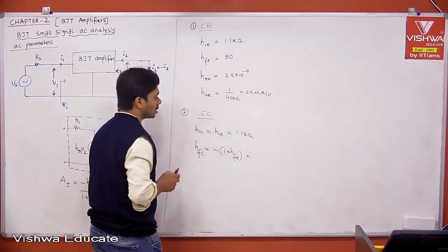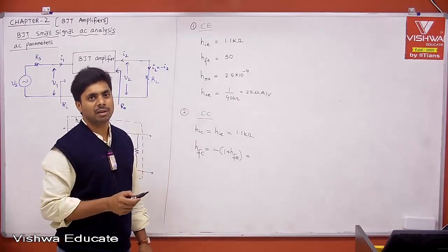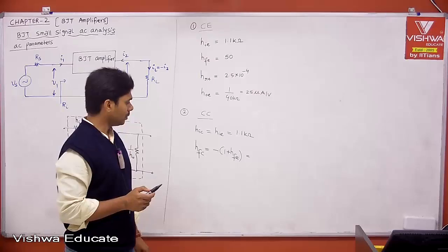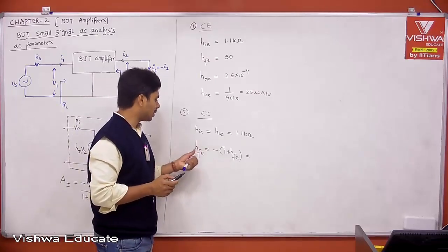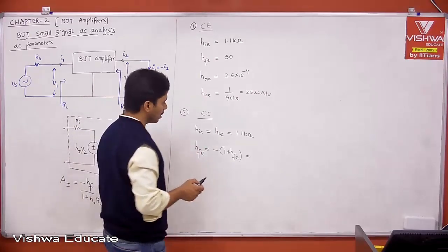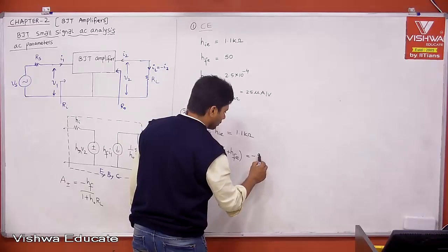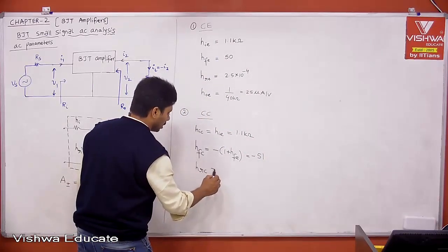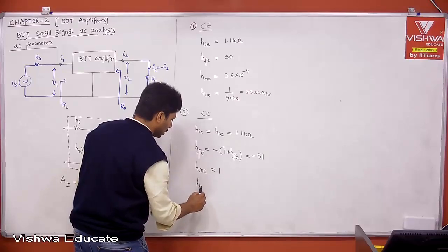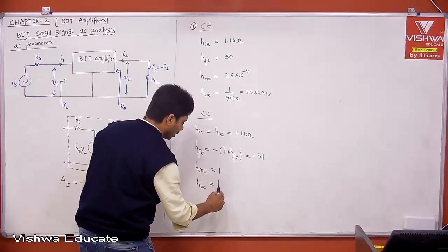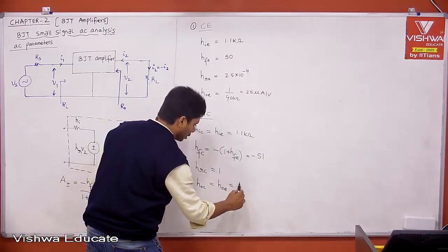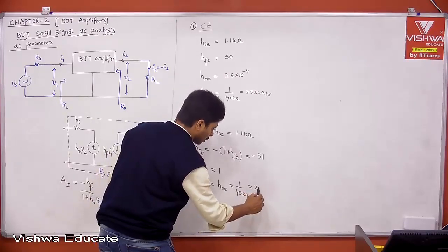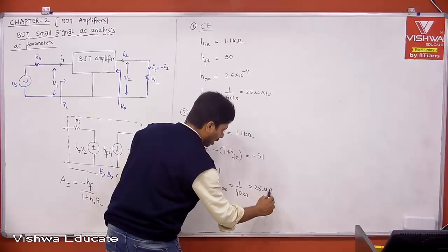Sometimes even if the configuration is CC, CE H parameters will be given, and with the conversion formulae we can get the CC H parameters. Then HRC is 1, and HOC is equal to HOE, which is 1 by 40 kilo ohm, or 25 microampere per volt.